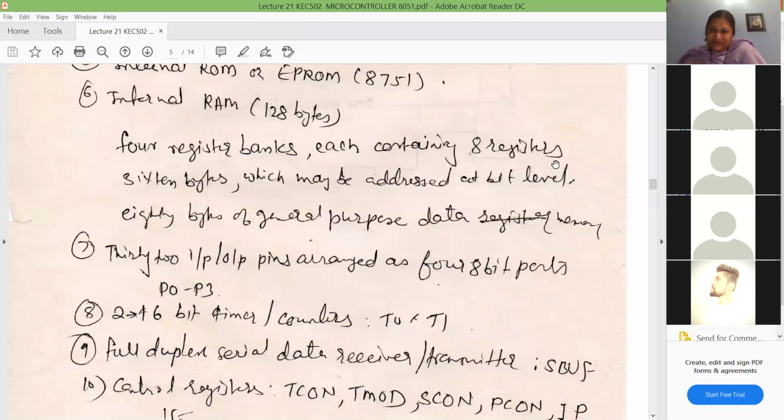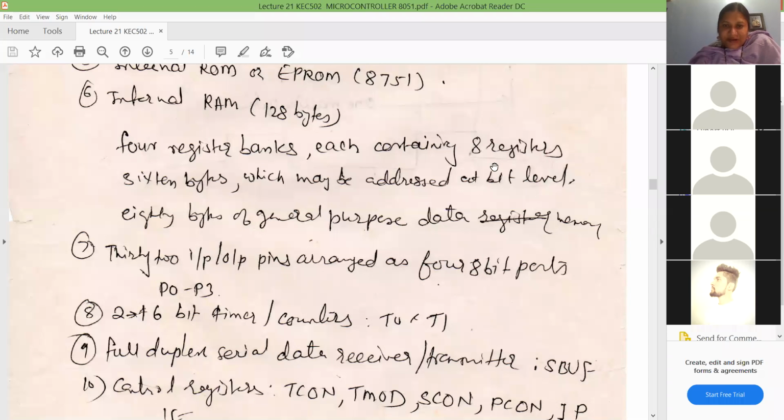That means the register area is 32 bytes. Out of these 32 bytes, your 16 bytes memory location of your RAM. Total RAM is 128 bytes. In 128 bytes, 32 are your registers.